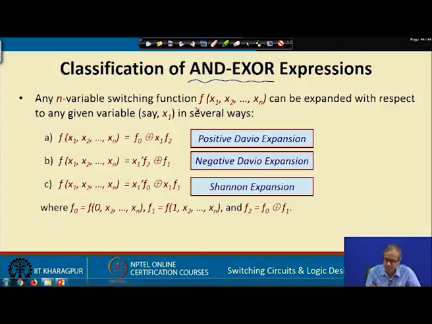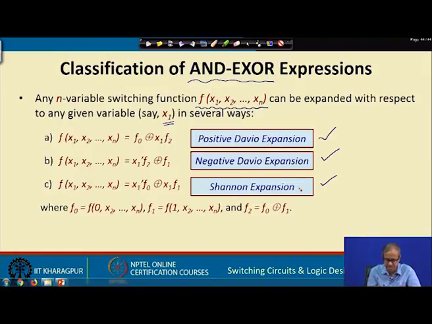Consider that we have an n variable function f with variables x1 to xn. They can be expanded just like Shannon decomposition or expansion we talked about earlier with respect to any of the variables. Well, in this example I have illustrated with x1 in 3 possible ways. These are called positive Davio, negative Davio and our familiar Shannon's expansion.